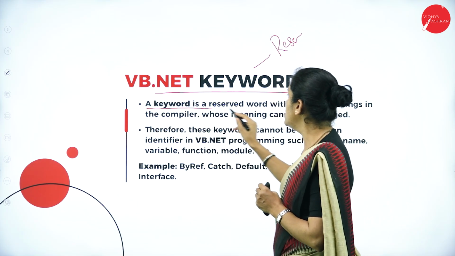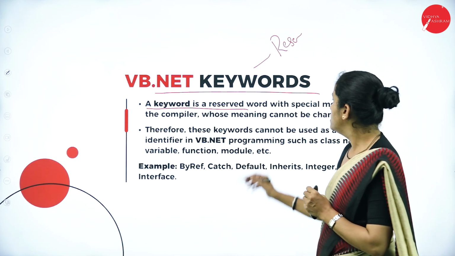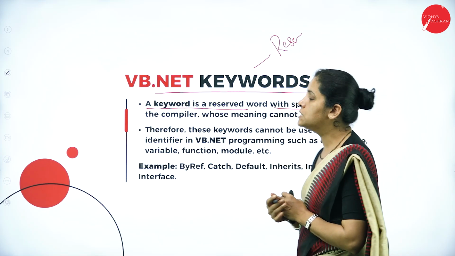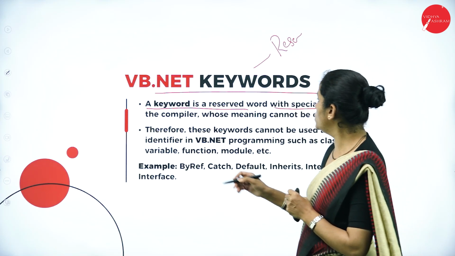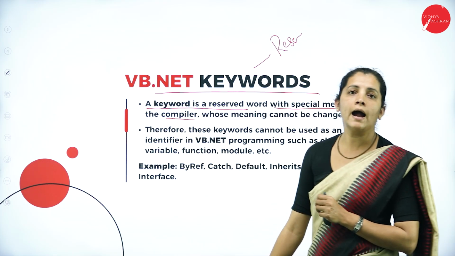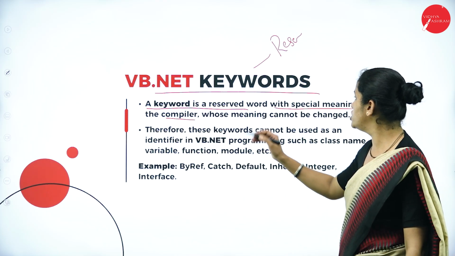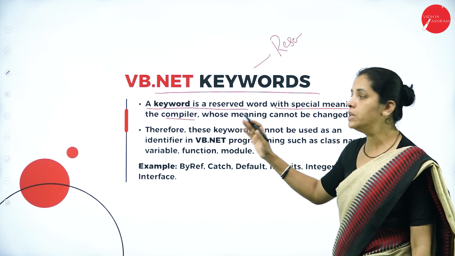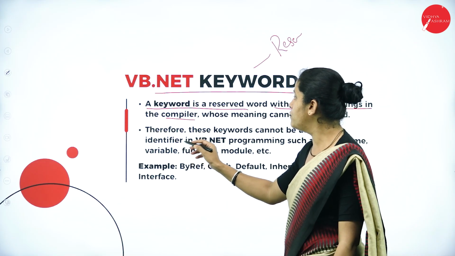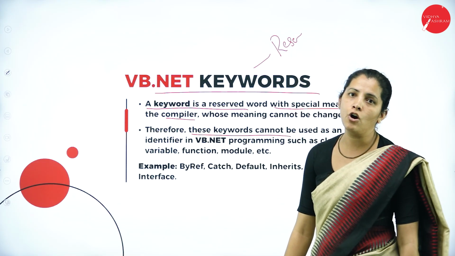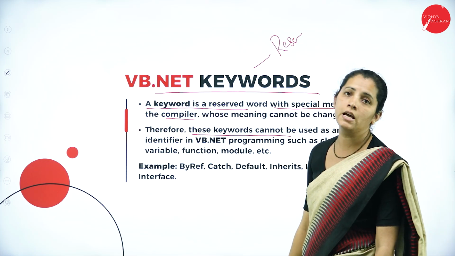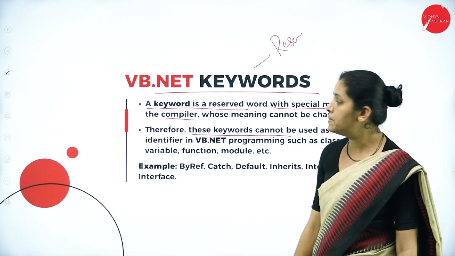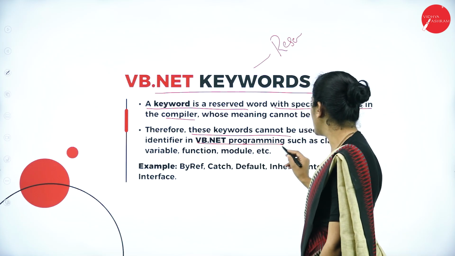So a keyword is a reserved word with some special meaning that is known to the compiler, and we are not able to change the meaning of the keywords. Therefore, these keywords cannot be used to define identifiers or variables in VB.NET.